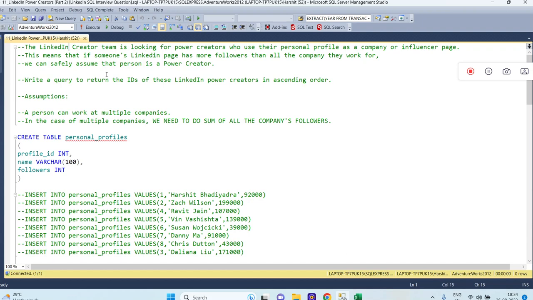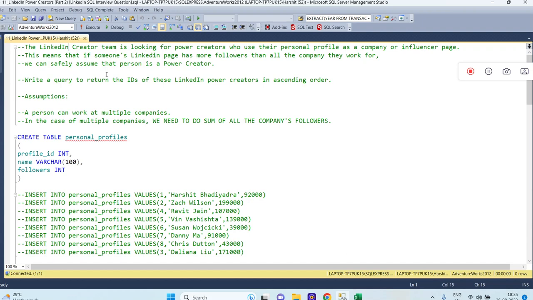The LinkedIn creator team is looking for power creators who use their personal profiles as a company or influencer page. This means that if someone's LinkedIn page has more followers than all the companies they work for, we can safely assume that person is a power creator.